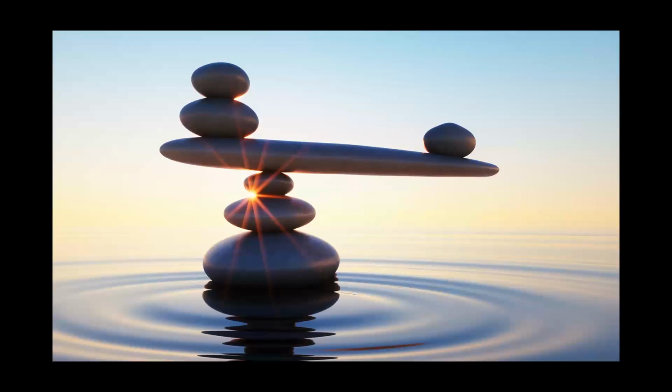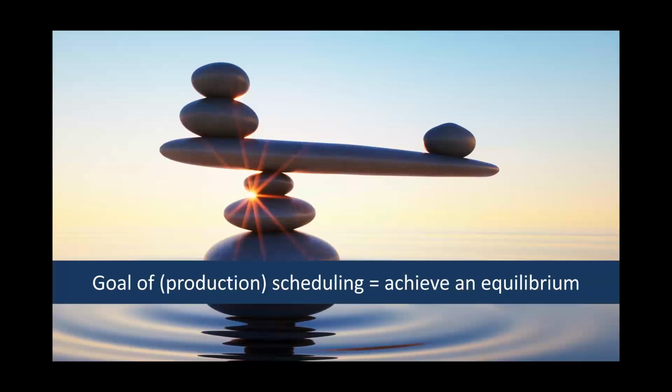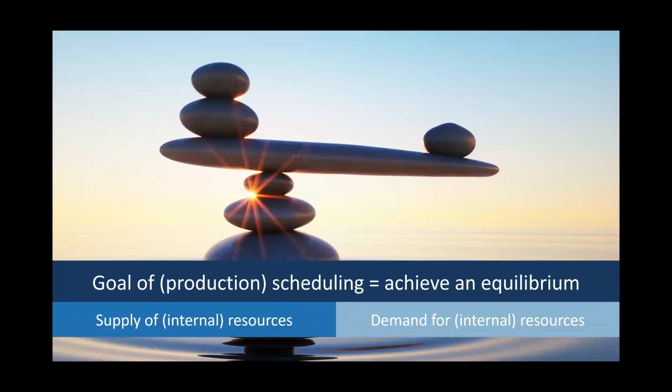And actually this beautiful picture is in essence the best representation I found for why customers need scheduling and what you or your customers should achieve with scheduling. Because ultimately the goal of production scheduling is to achieve an equilibrium. So you want to put like a balance out in the end with scheduling.